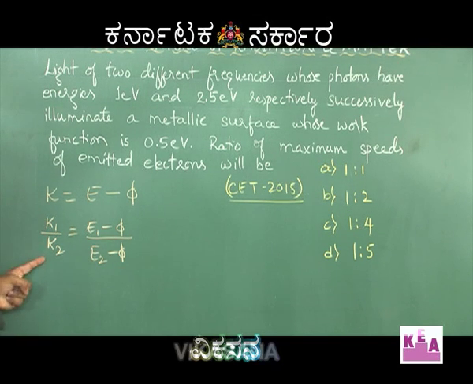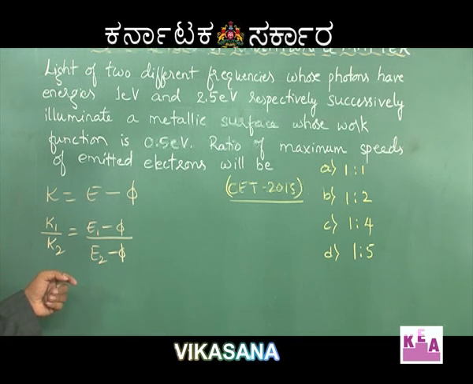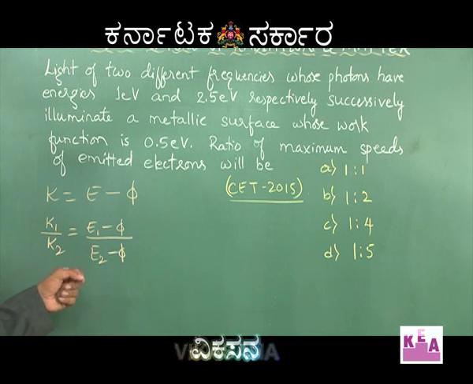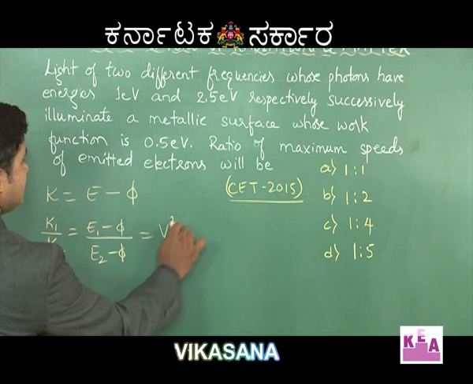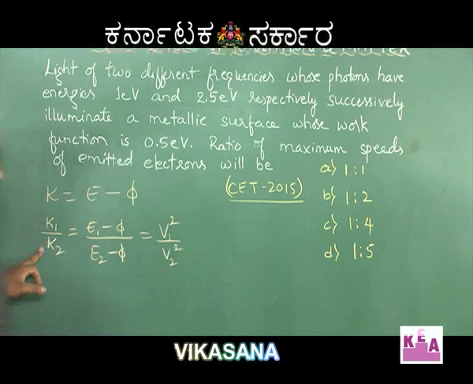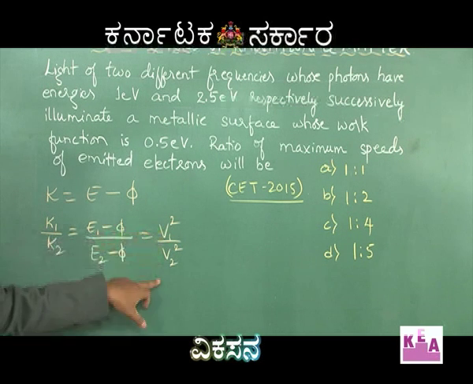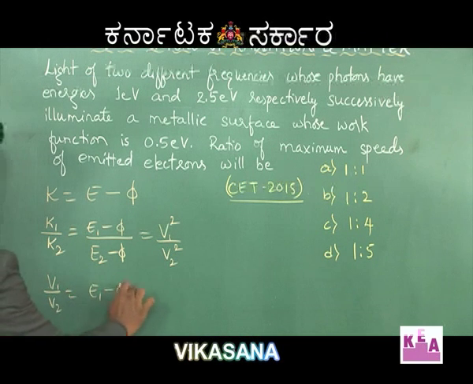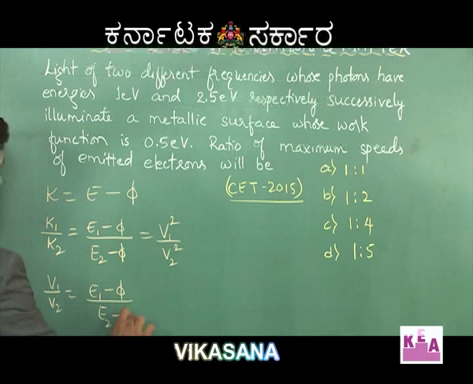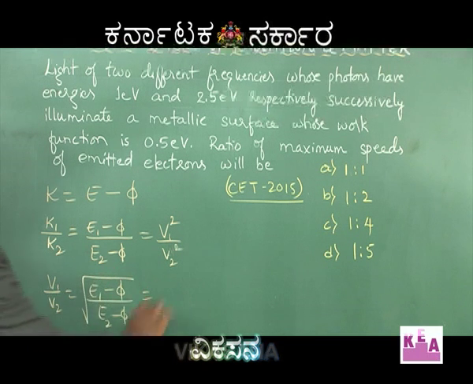But K is half mv square, so K1 by K2 is V1 square by V2 square, because m is the same in both cases. This gives the ratio of V1 square to V2 square. What is asked is the V1 to V2 ratio, so take the root. V1 by V2 is the root of E1 minus phi by E2 minus phi.